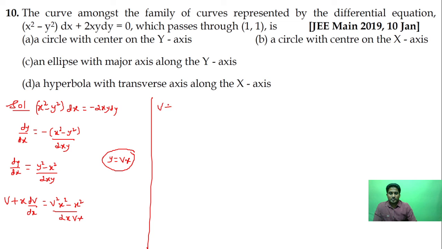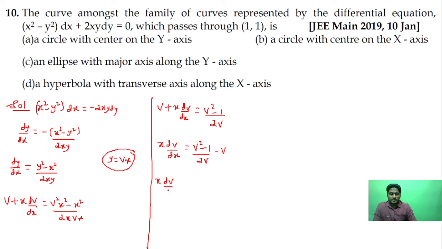So this becomes v plus x into dv by dx is equal to v square minus 1 upon 2v. So plus v you shift on the right side, you get x into dv by dx is equal to v square minus 1 upon 2v, and then this is minus v.